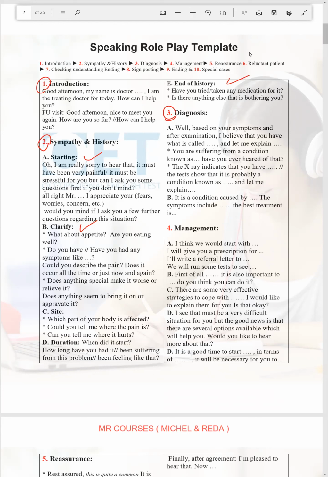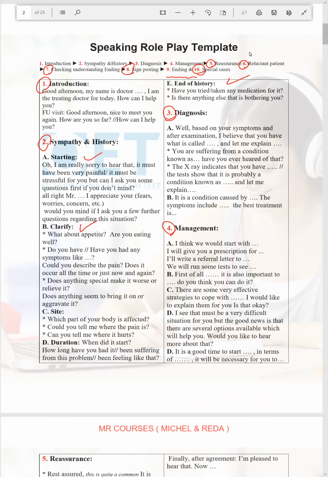Lastly, the management. After management, we will reassure and we will face a reluctant patient. I will check the understanding of this patient. I will do signposting and I will summarize, and we have some special cases.